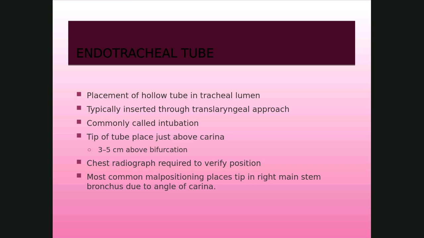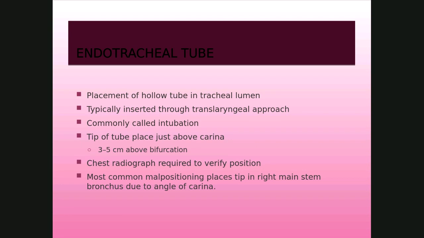Chest radiographs are absolutely required to verify position, and the most common malpositioning happens when the tip ends up in the right mainstem bronchus, due to the angle of the carina, meaning the way that the trachea bifurcates. Typically, if the tube is going to go where it shouldn't, it'll slip into the right mainstem bronchus.